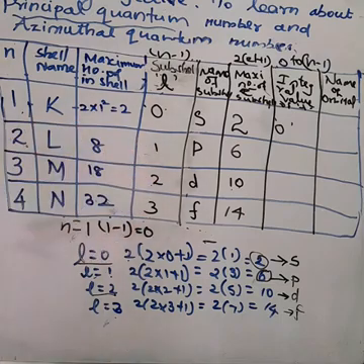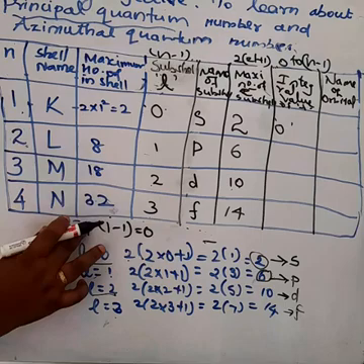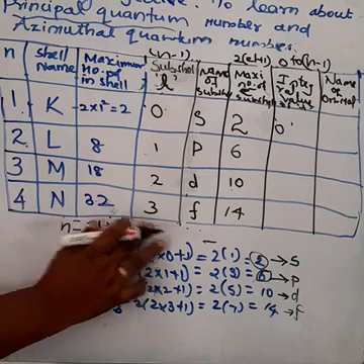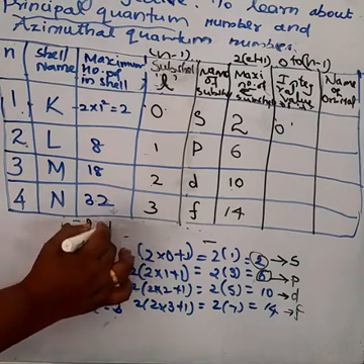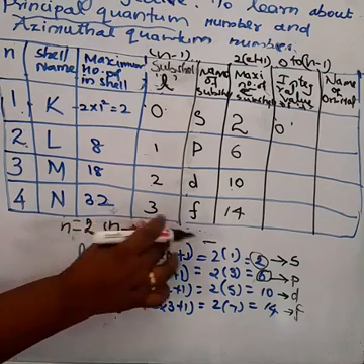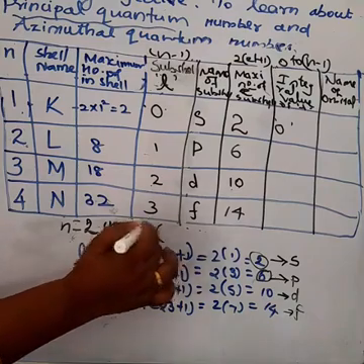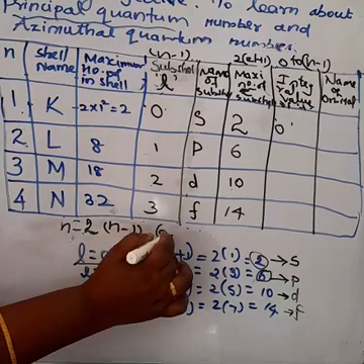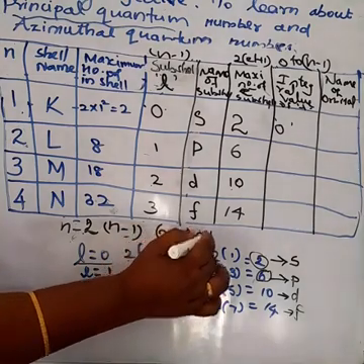When n is equal to 2, we start from 0 to n minus 1, taking n as 2, so 2 minus 1 we get 1. So 0 and 1.